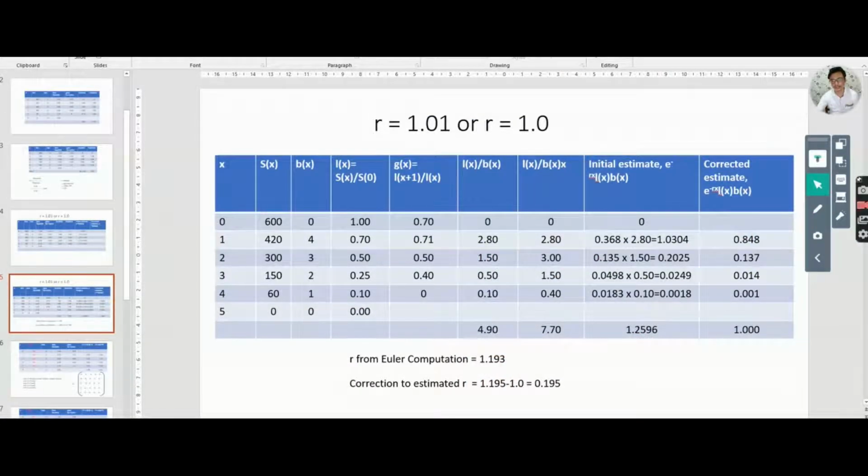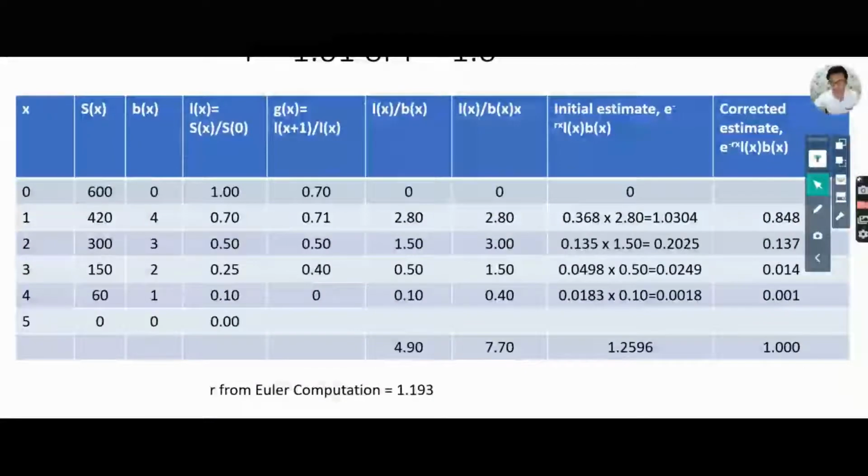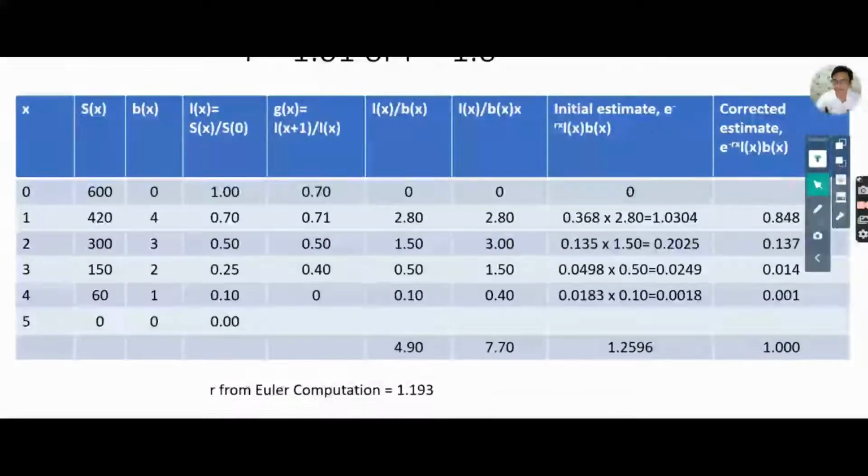You can take this 1.195 as your estimated, corrected r.